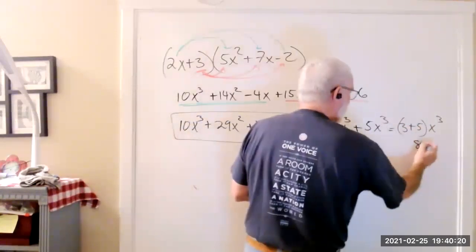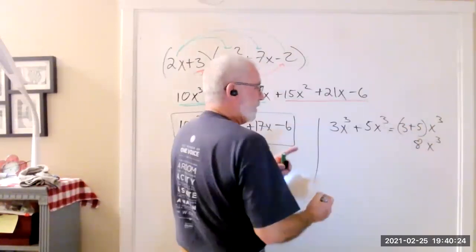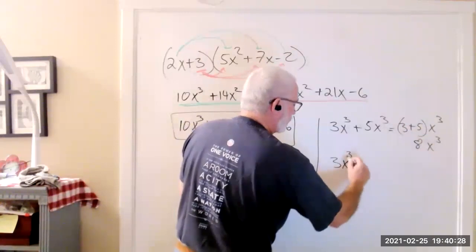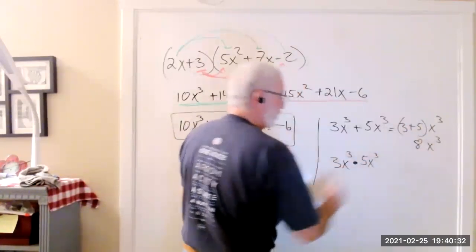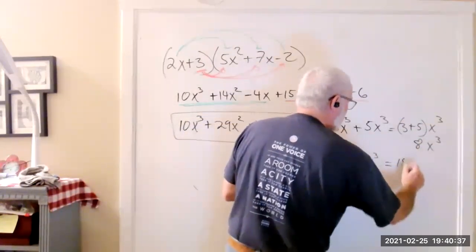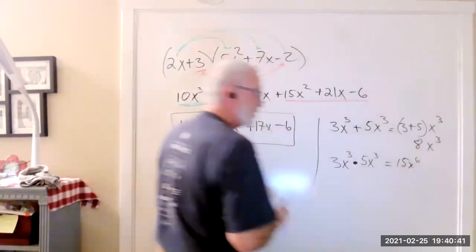So we get 8x to the third. But if you had 3x to the third times 5x to the third, then we get 15, 3 times 5, x to the 6.